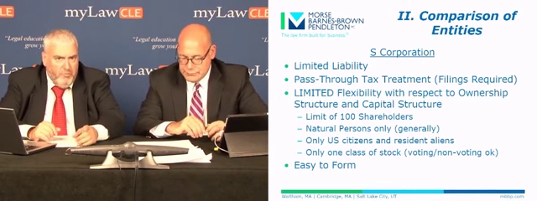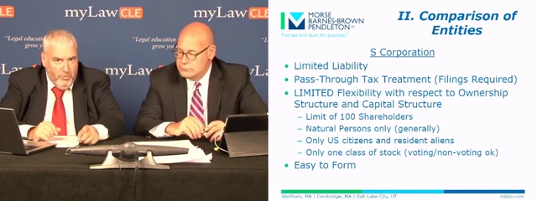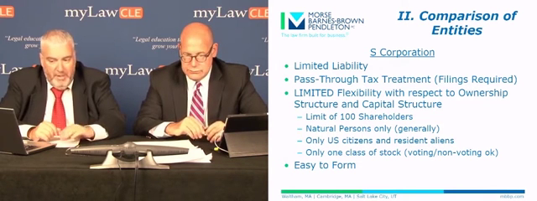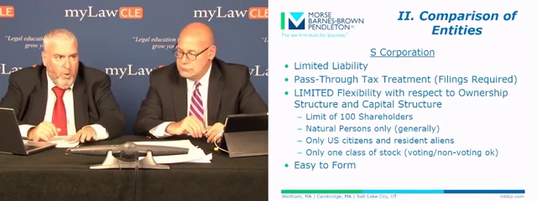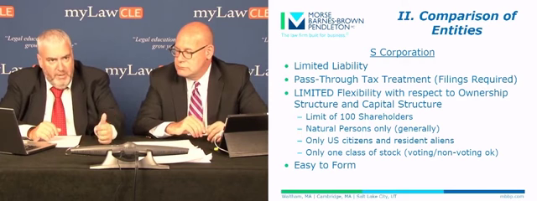So, right. The biggest drawback for S corporations that are looking for outside investment is this last one. There's only one class of stock in an S corporation. You cannot have preferred stock.